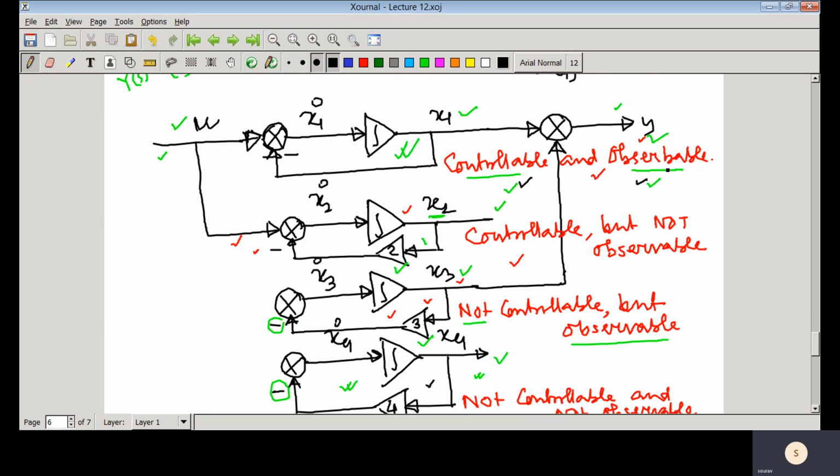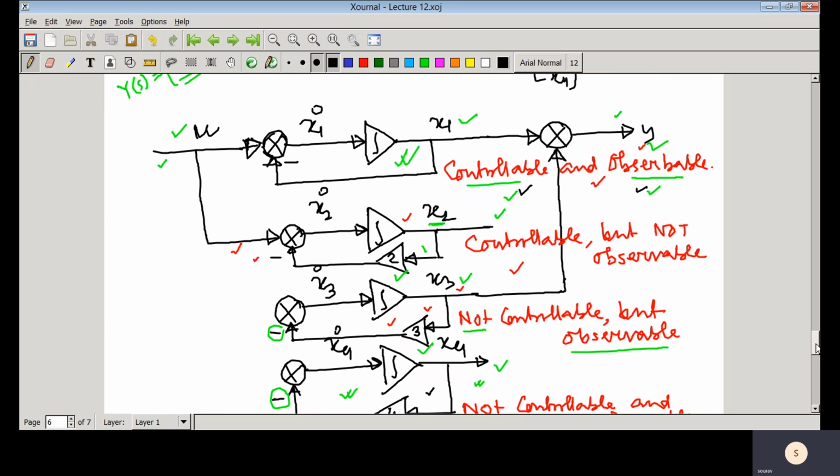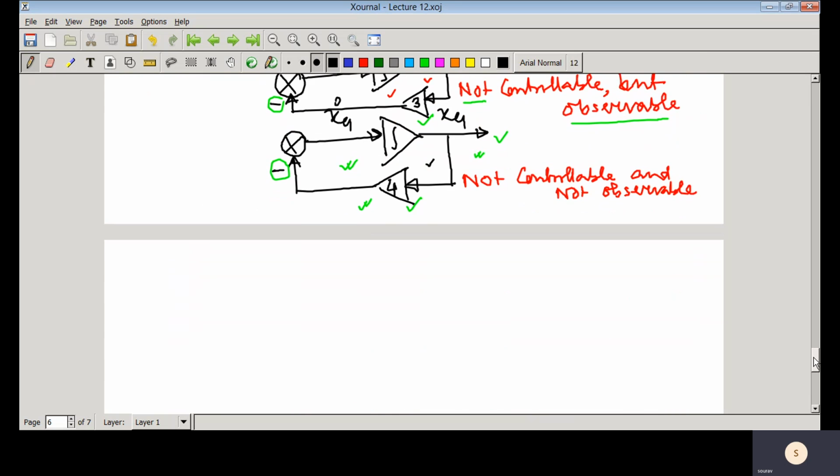So now let us see what is that realization problem. So this is very important.